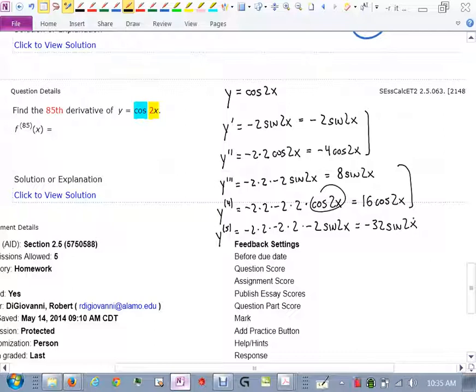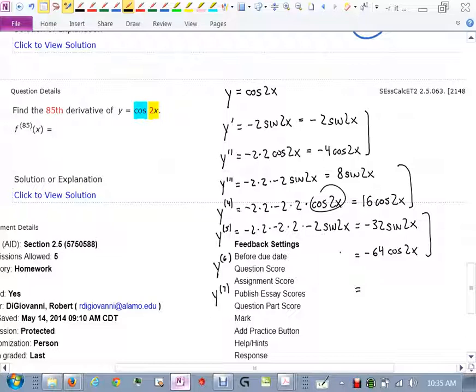And when I take the derivative again, the sixth one, because all of these numbers out here are just numbers, I have 3 negatives. All I'm going to do is pop a 2 out. It's going to stay negative. So I'm going to have a negative 64, and then the sine turns to cosine. So again, these two were negative. If I go one more, I promise this last one, I'm just really trying to get you to see the pattern. I'm just going to have another 2 pop out.